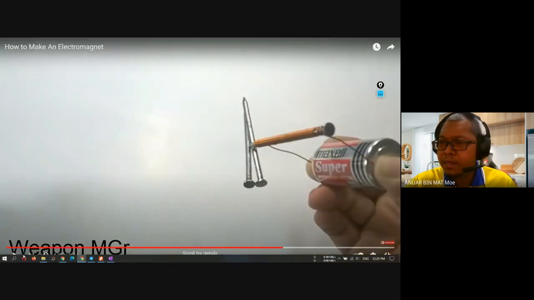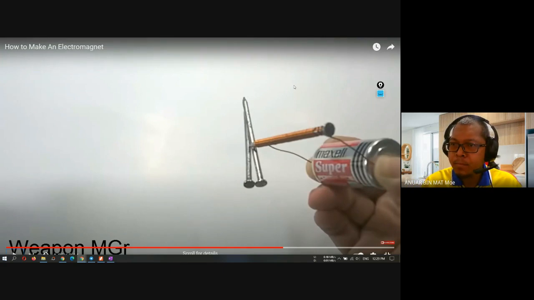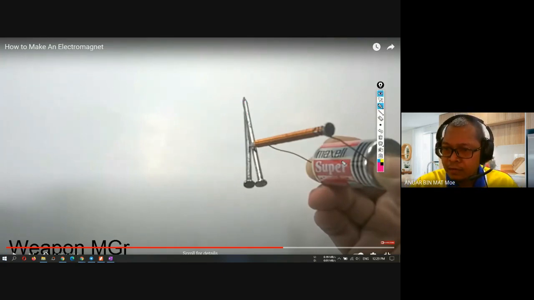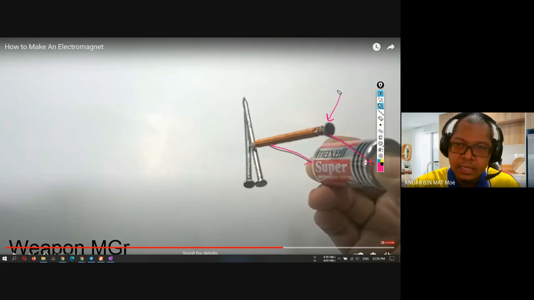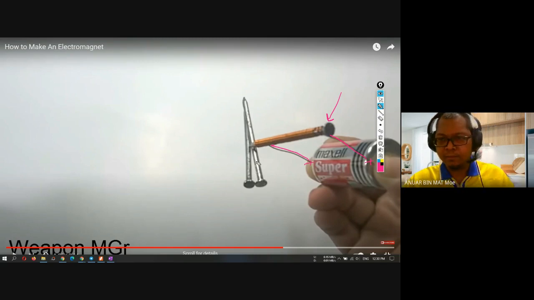Okay, what happened now, class? Now it is connected, right? The copper wire over here is connected to the battery. Electric current will supply to the copper wire, and then the iron nail here becomes magnetized. It will be able to attract other iron as well.